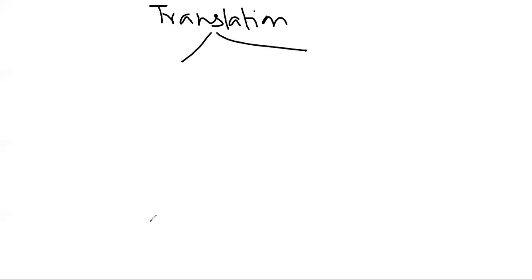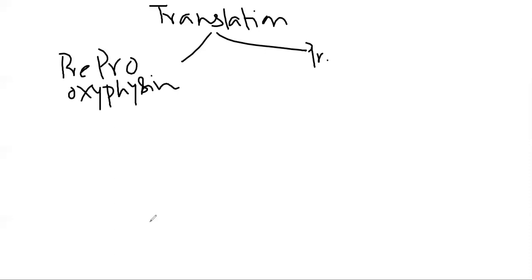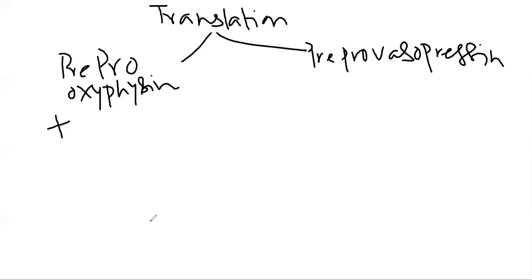So translation will lead to production of pre-pro oxytocin and pre-pro vasopressin. Within this pre-pro oxytocin, there is another co-secreted peptide, which is known as neurophysin.